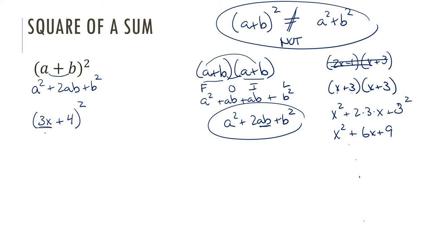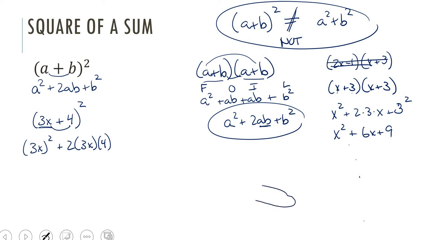So I'm going to square the first term, (3x) squared, 2 times the terms multiplied together, 2 times a times b, there's my pattern, plus the last term squared. If I then simplify this, I get 9x squared plus 24x plus 16.